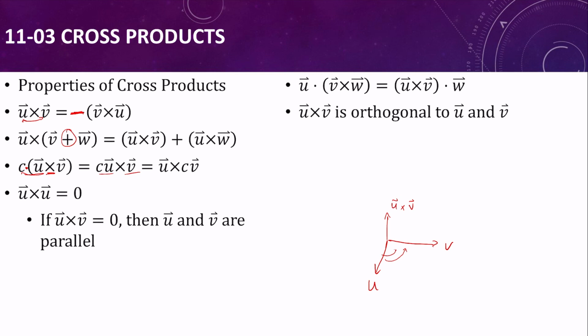So this is your hand, your fingers, your thumb points the direction of the cross product. And the magnitude of the cross product is the same as the magnitude of u times the magnitude of v times sine of the angle between them.